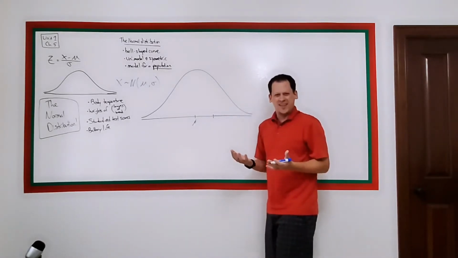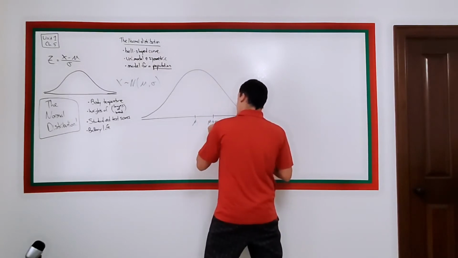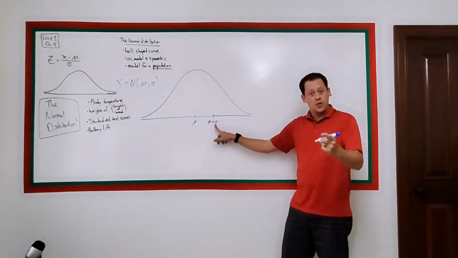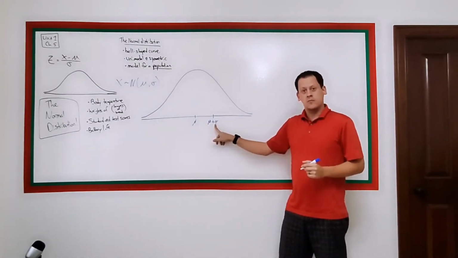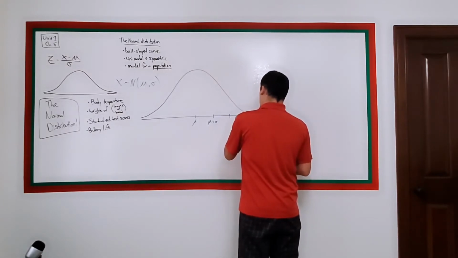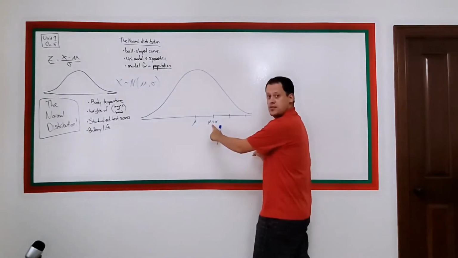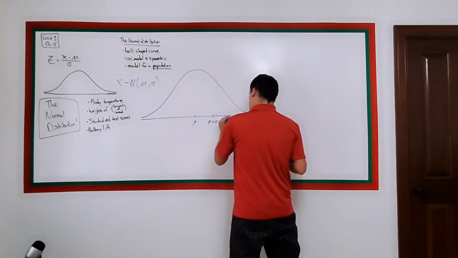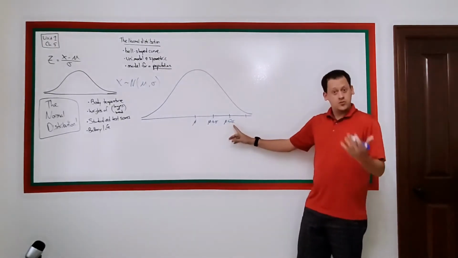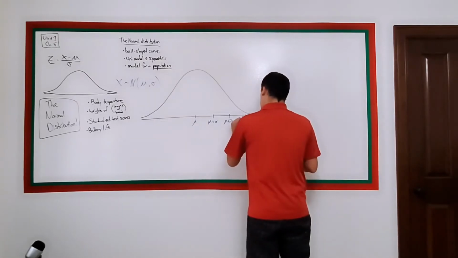I hope I'm not being patronizing, right? We can say that whatever this value is, it's the mean plus a standard deviation. We can go further. This is the mean plus one standard deviation. If we add another standard deviation, that's the mean plus two standard deviations. This would be the mean plus three standard deviations.